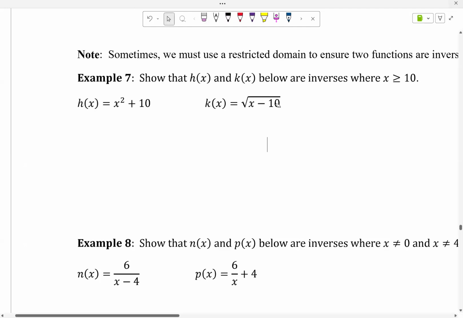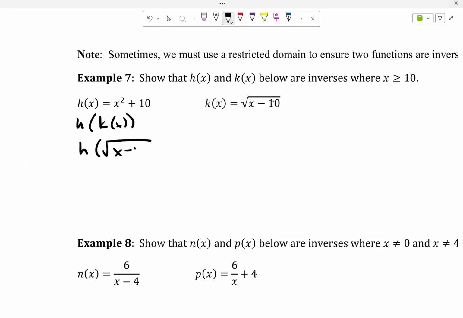I'm seeing some hands up. Should you just plug them into each other and get X? Is that how this works? Yeah. You sure? So I have to find H of K of X. Let's see, H of K of X, so I just plug this into here.